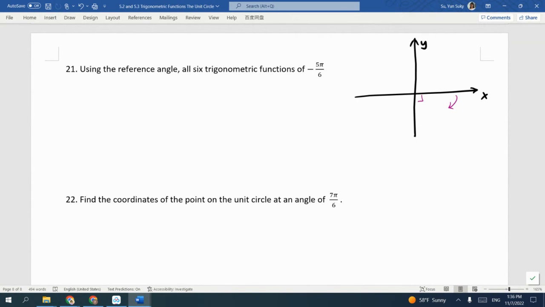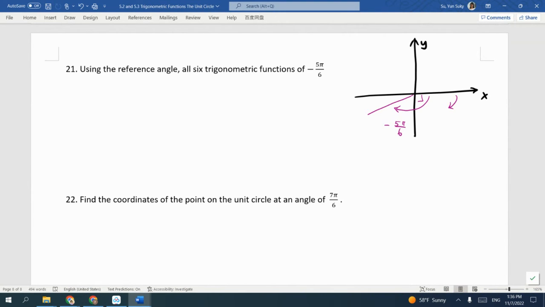And you know 90 degrees is pi over 2. 5 pi over 6 is smaller than pi, therefore 5 pi over 6 is right here. So this is negative 5 pi over 6.